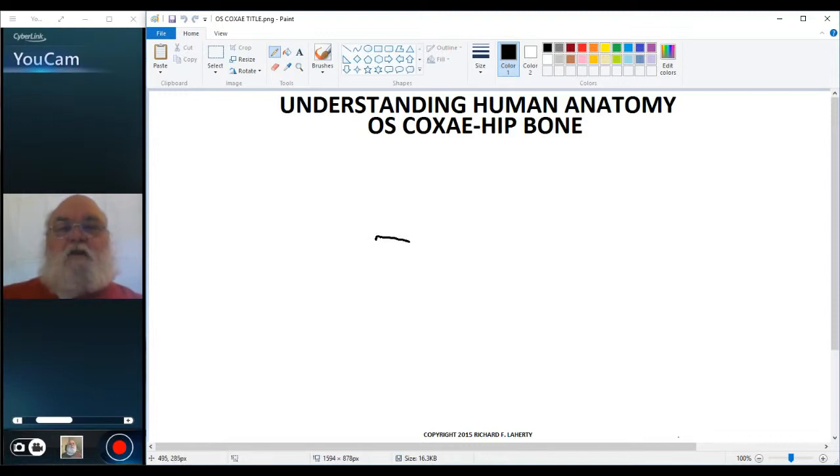So I'm going to start here with the pubic bone and the ischiopubic ramus down to the ischial tuberosity.